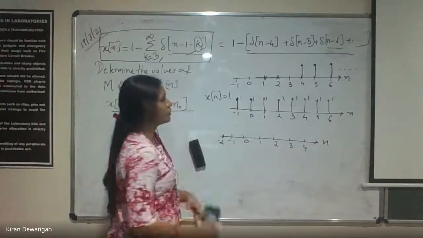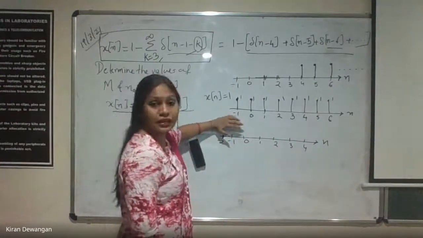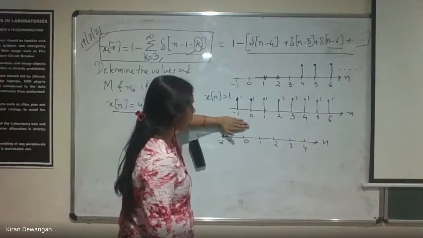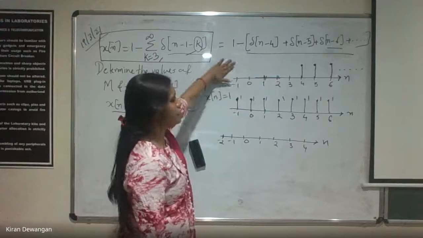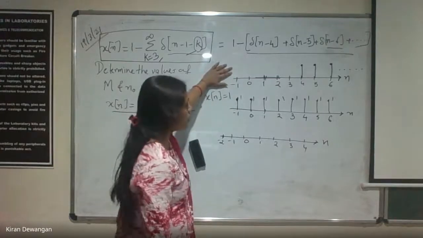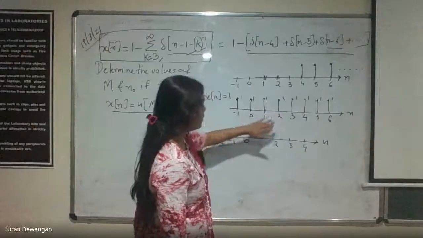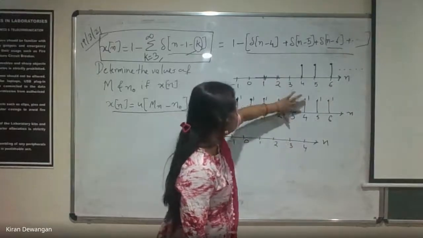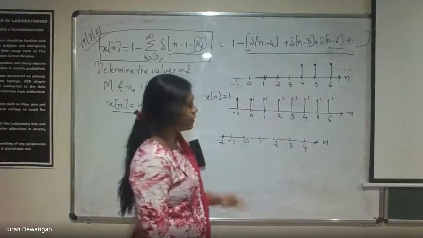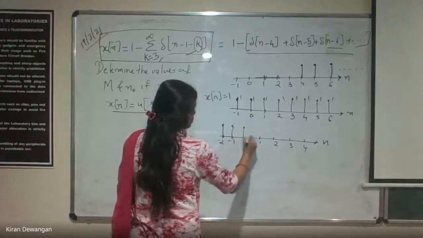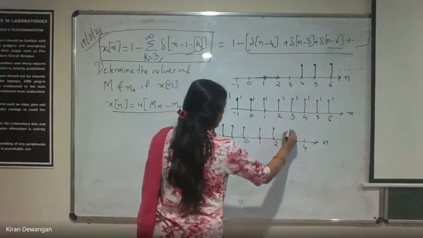At what point will we be getting the values? If we are subtracting, 1 minus this function, it will be minus 1, 0 and 1, and it will end up at 3. From 4 onwards it will make all the values 0, right? So we will be having all the values before 3.